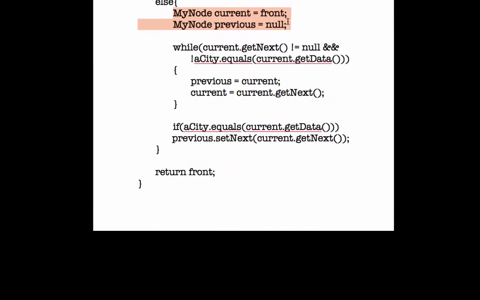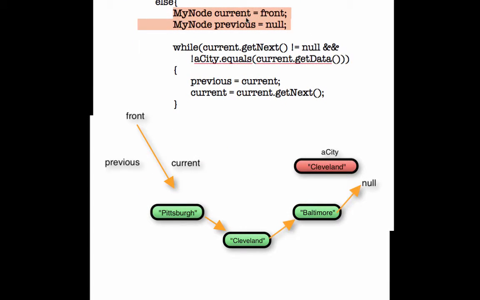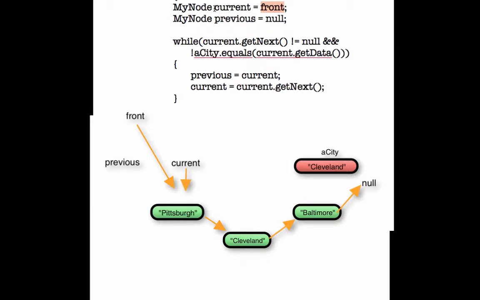First, let me start with finding the node. So I'm going to have 2 references, and as discussed, the names are current and previous, and I'm going to initialize current to front. Why? Well, because in the linked list that we show, we only know where to start with the first node, right? That's the only external reference that we have. We don't have any other external reference. So this first value of current logically should be front.